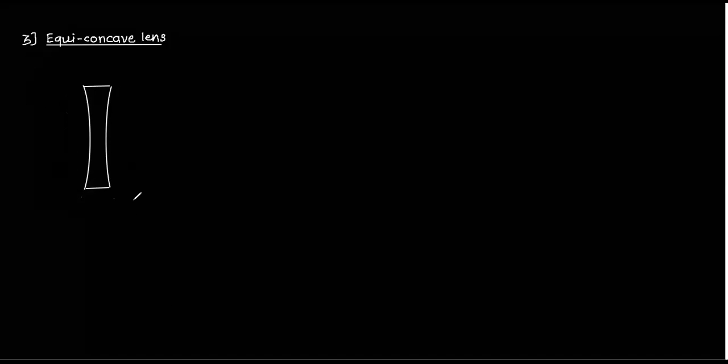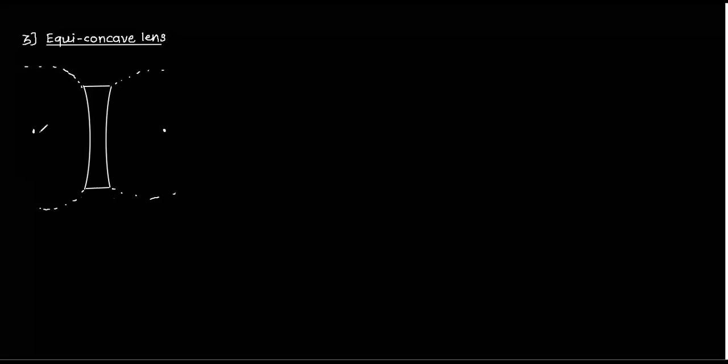So this is equiconcave lens, and here now use sign convention properly. How to determine? See, this is one curved surface. Here is the center of this particular surface. When you are solving problems, keep it in mind: this is your optical center or center of curvature, we can say.